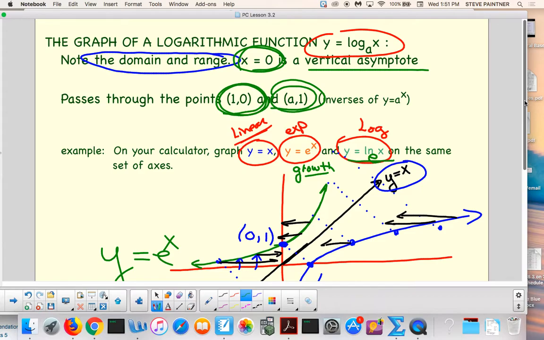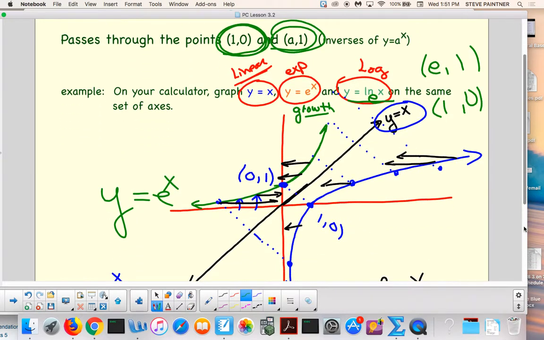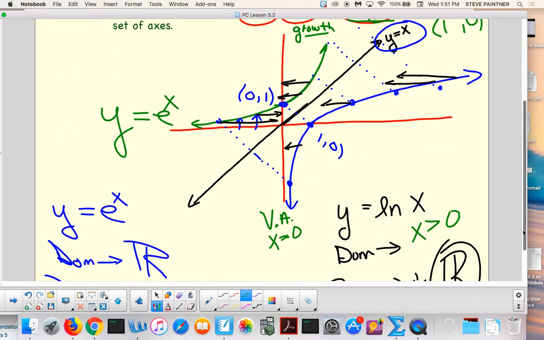What's your base in this problem? So you're going to go through (e, 1). What other point? Always this point, (1, 0). And did I go through these points? Yeah, I did. Here's (1, 0). And here's e. E is about here. And then here's 1. (e, 1).